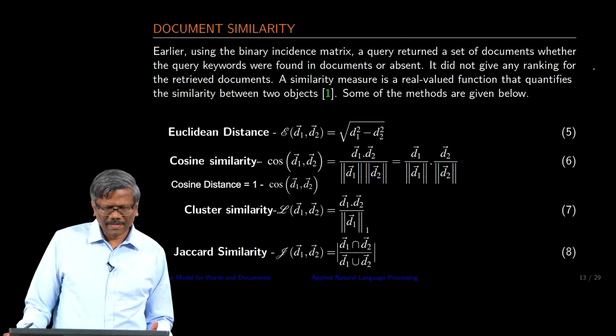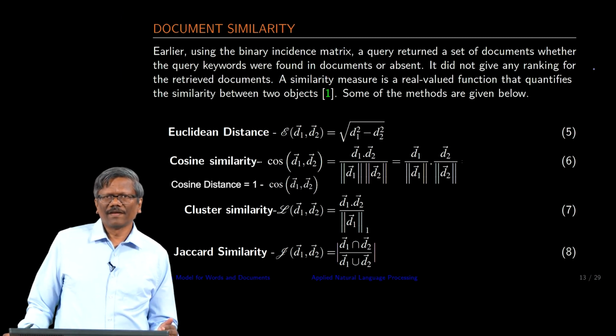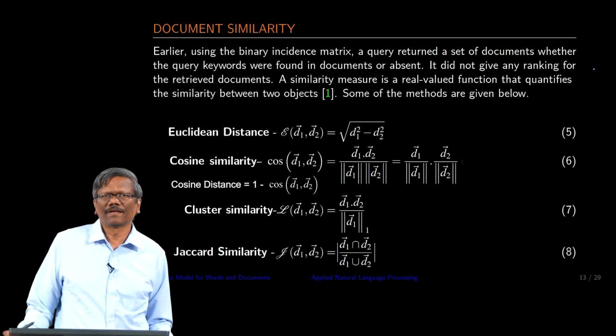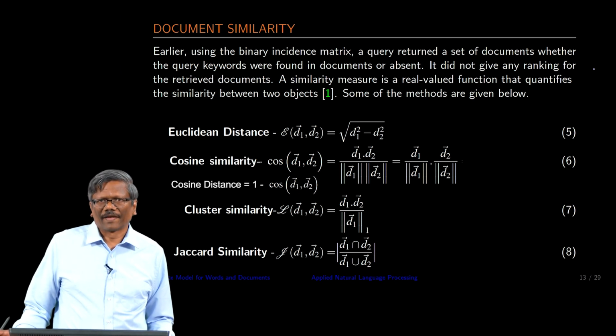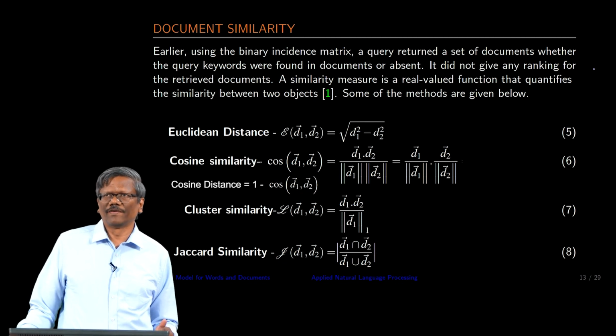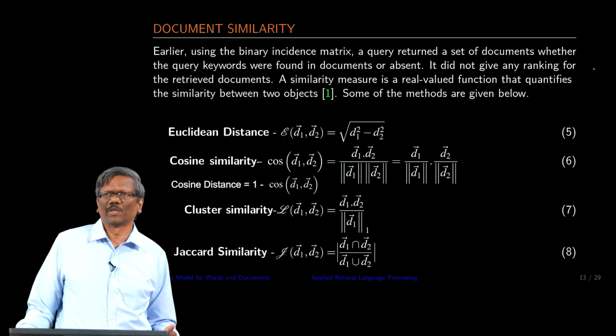In the earlier case of the binary incidence matrix, a query returned a set of documents for that particular set of keywords, but it never gave you the rank. We definitely require the rank because we want to look at the document with the highest relevance first rather than the lowest relevance.